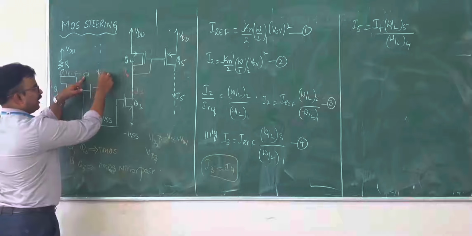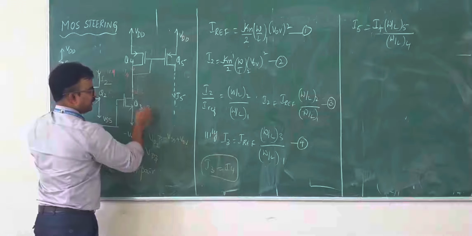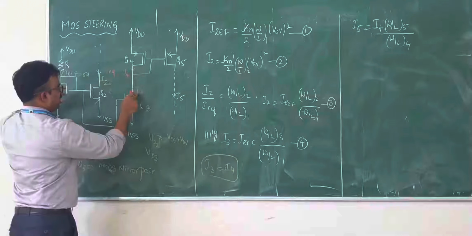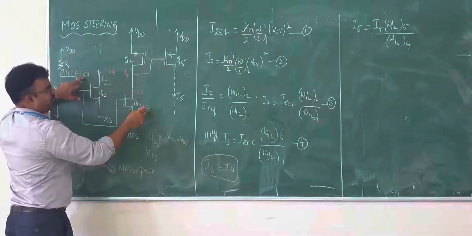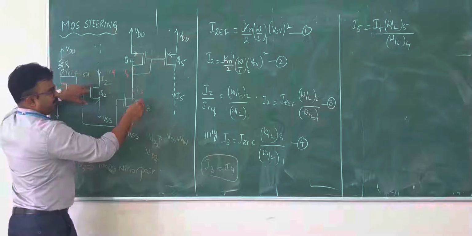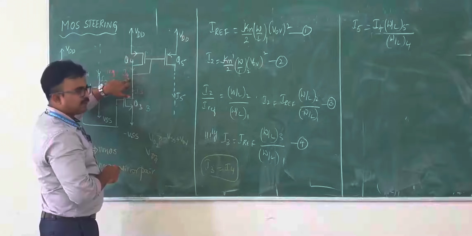The value is 10 micro. If the W by L ratio of this transistor is 3, the I3 current is 3 into 5, that is 15. The same 15 will be copied onto fourth transistor current, that is I4.